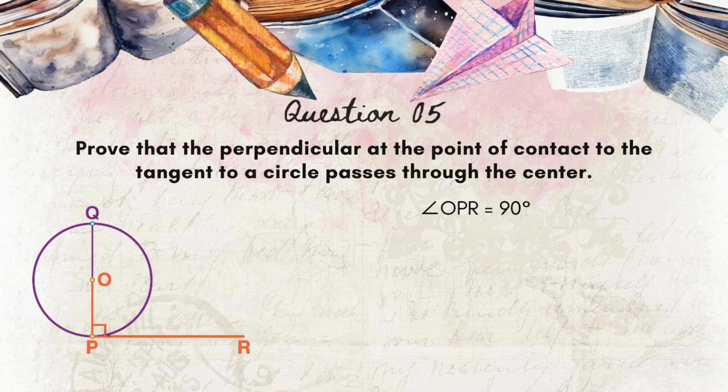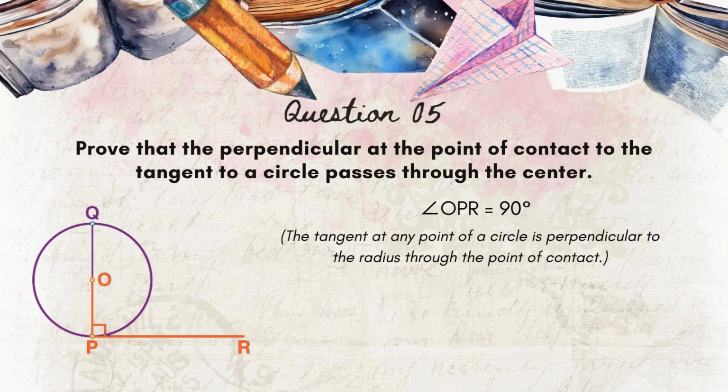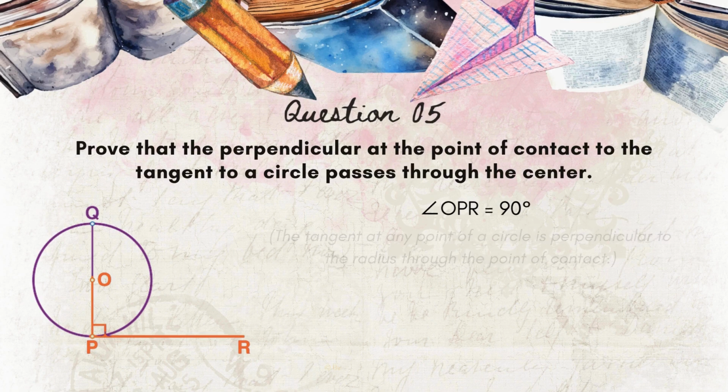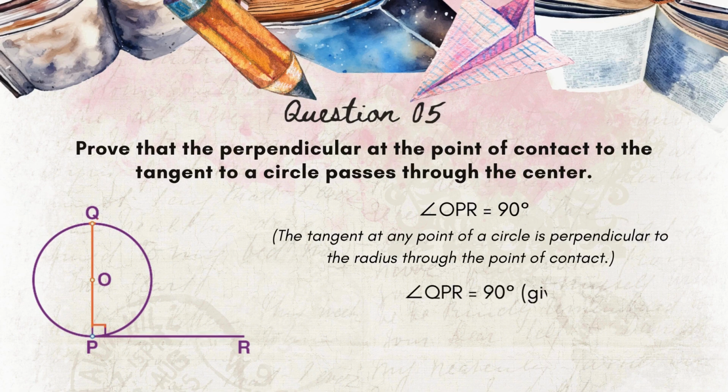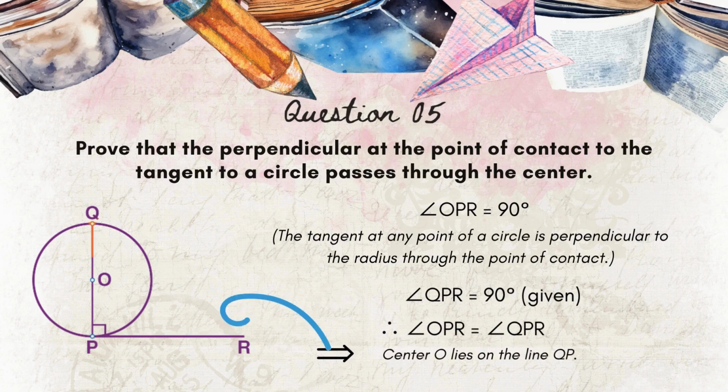Now angle OPR is equal to 90 degrees because the radius is perpendicular to the tangent. Also, angle QPR is equal to 90 degrees. It is given. Therefore, angle OPR is equal to angle QPR. Now, this is possible only when center O lies on the line QP. Hence, the perpendicular at the point of contact to the tangent to a circle passes through the center of the circle.